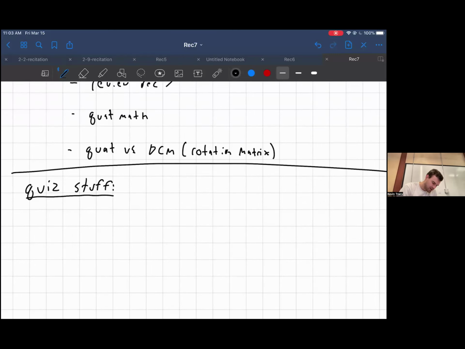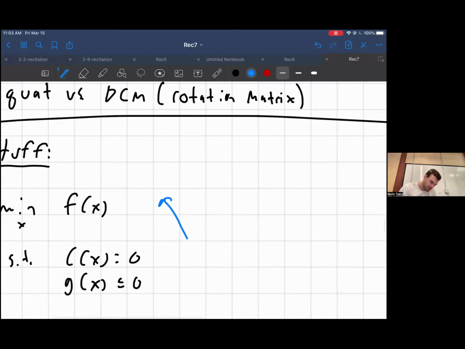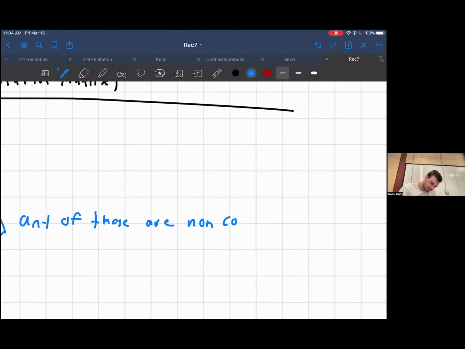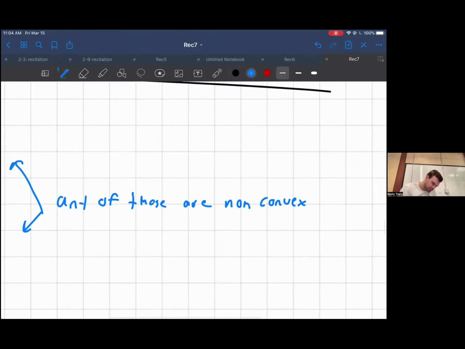So again, if I have min f of x subject to c of x equals 0, g of x less than or equal to 0, and I say any of these are non-convex, then our whole problem is non-convex. So if the cost function or any of these constraints are non-convex, the whole problem is.